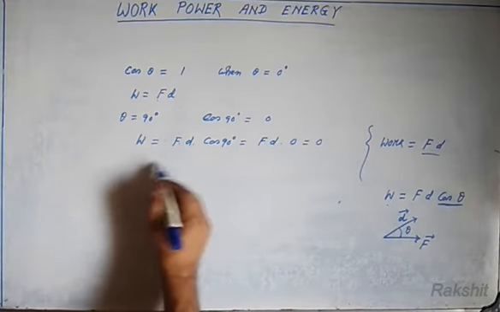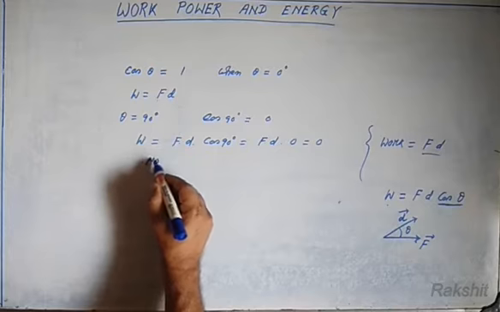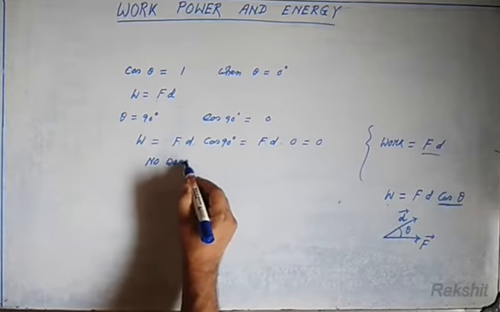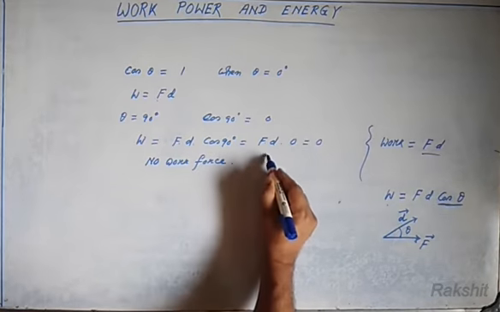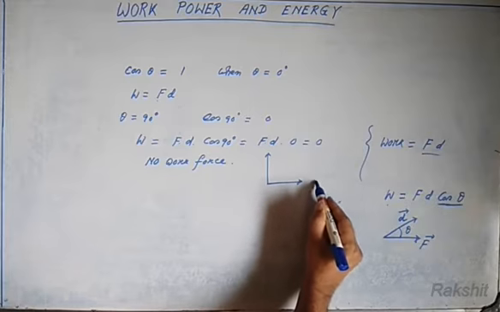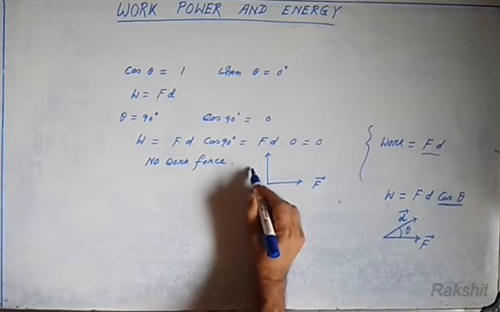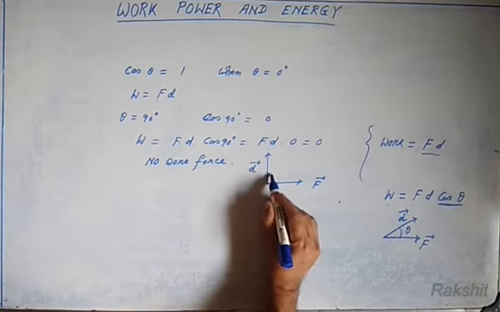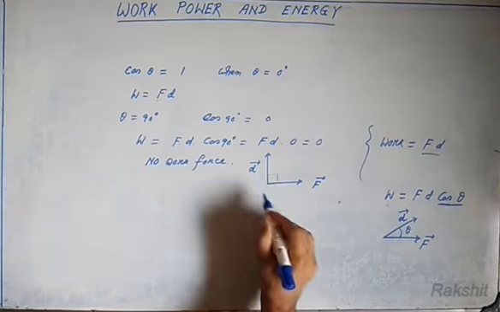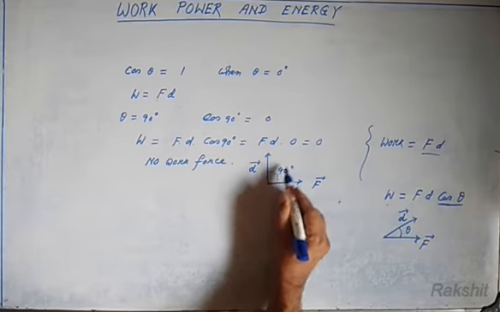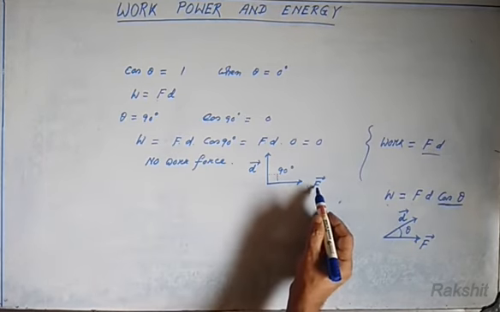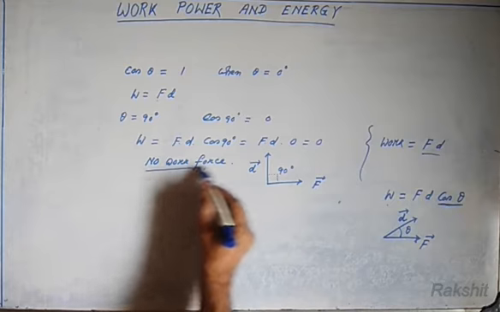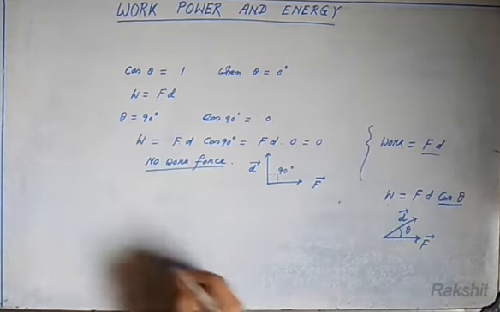And under this condition, this type of force is known as a no work force. This is the example of force and displacement D. The angle between the two directions is 90 degree, and in such a case the force is a no work force and work done is equal to 0.